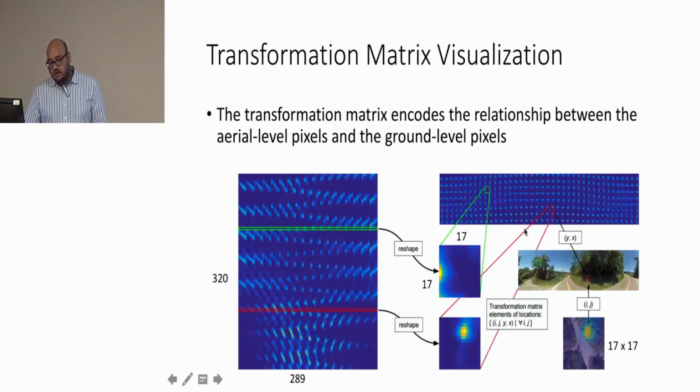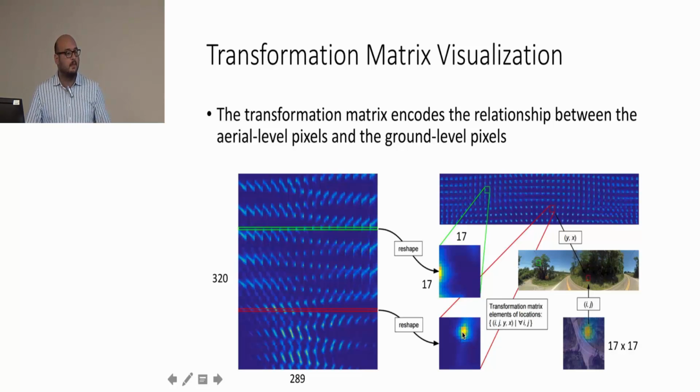This is another way of showing the transformation matrix. Here we show one row, which is 289 dimensional, as a 17 by 17 cell. If we zoom into one of them, for example this red one, this is where activity is happening. These are the weights.